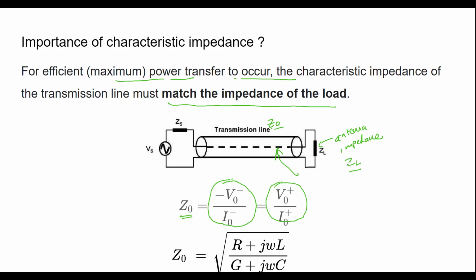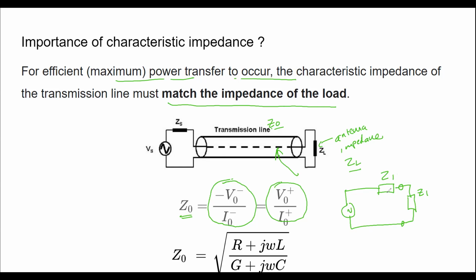If the values of these ZL and Z naught are different, maximum transfer from the transmission line to the load does not happen, right? So I think even in circuit theory, you must have learned this: once you have a certain voltage supply and some kind of impedance, and then you are supplying some voltage across another impedance, once we have the same resistor or impedance at both locations, we can transfer maximum power across the Z1 impedance.